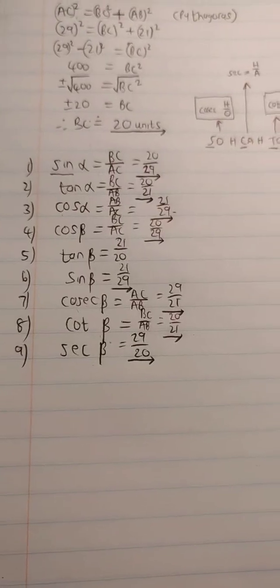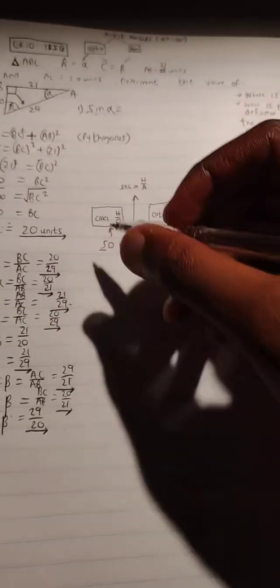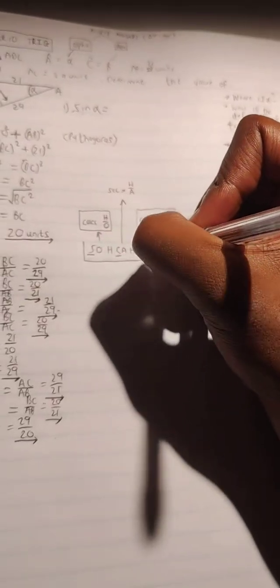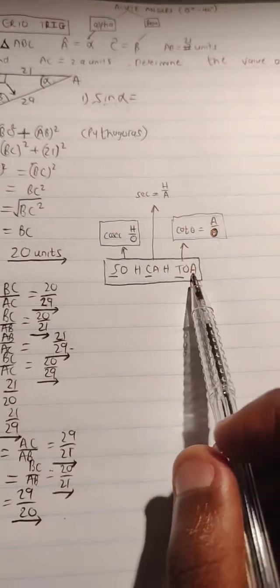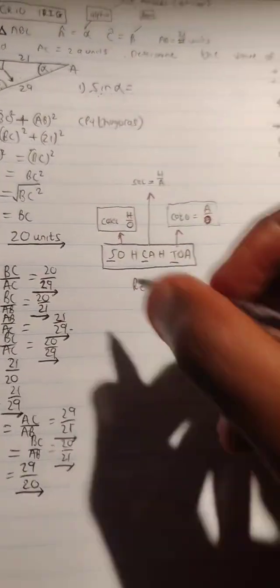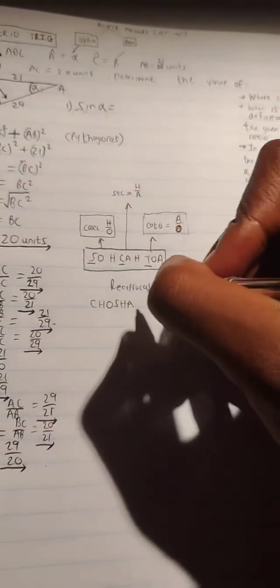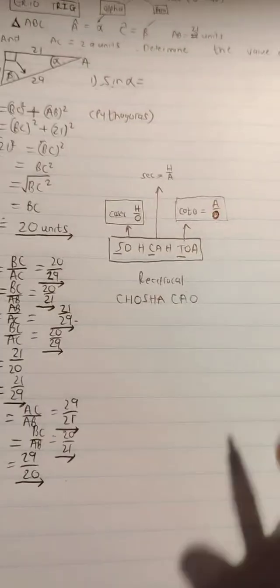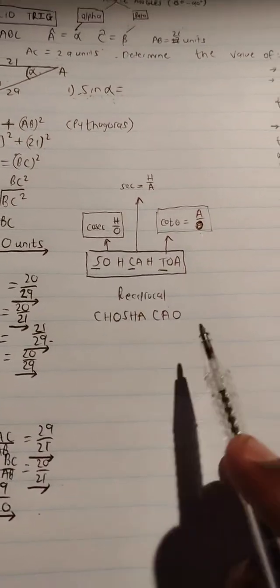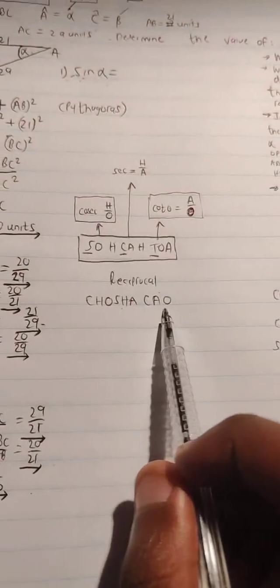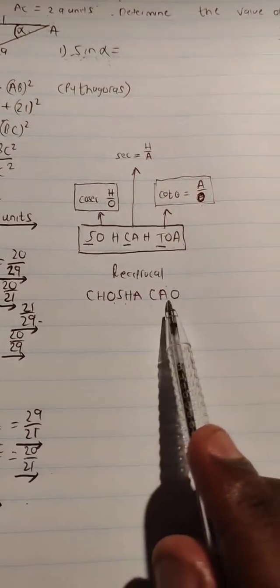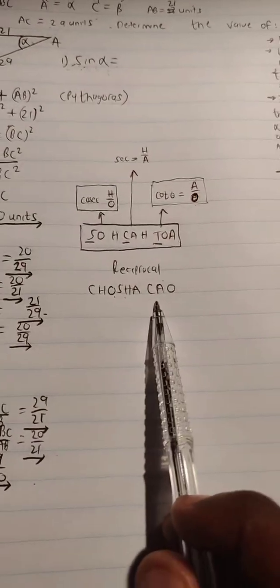Okay guys, this is not in any way difficult. The basic trig ratios are SOHCAHTOA. The reciprocal trig ratios are CHOSHAKAWO.